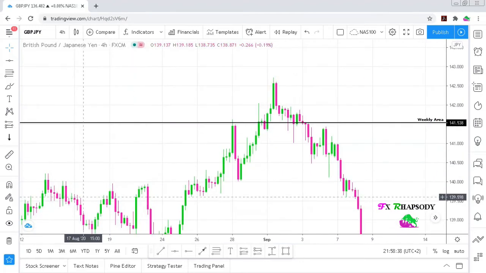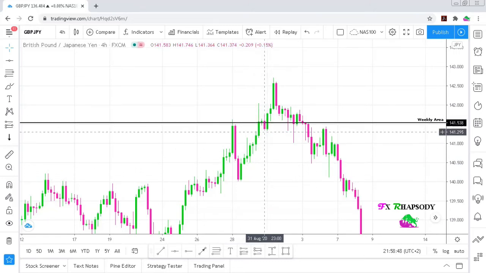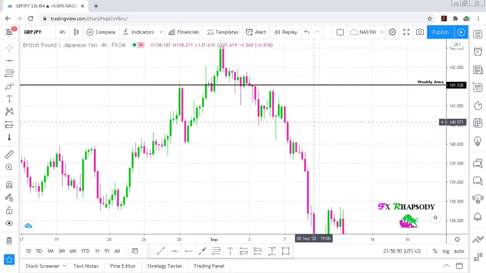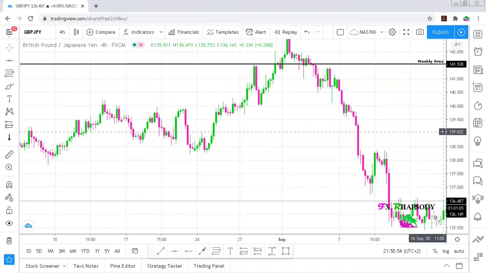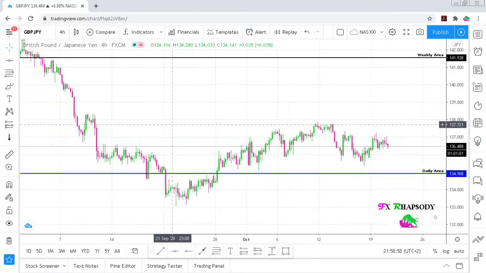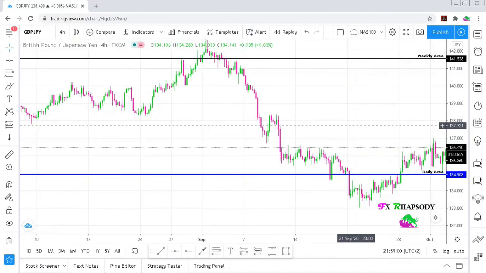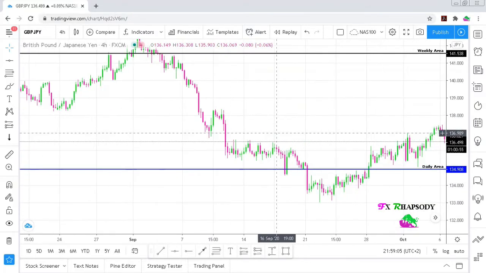Over here, price eventually shot up to that weekly area, pulled back, shot up again, and bounced around that area. So you can see how price respects those weekly and daily areas, as I call them. For me, those are key areas. I like to mark them and keep them on the chart while I trade.